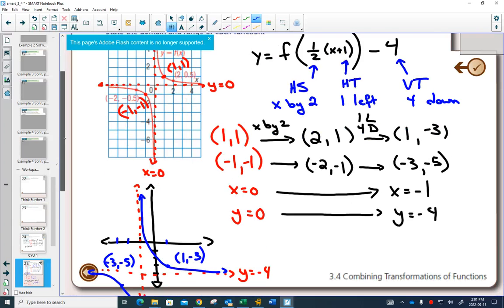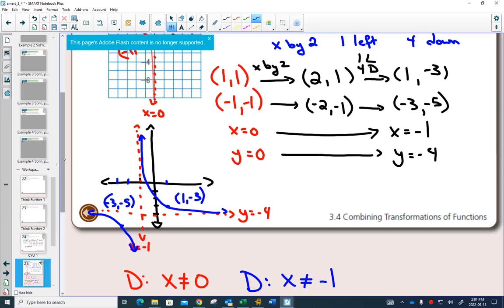Shouldn't they also still be 1 away from the corner here and 1 away from the corner there? And the answer is yes, if there's just translations. But as soon as we start adding stretches, then things go off a little bit. So good observation, but the reason it's not perfect that way is because of the stretches, okay?